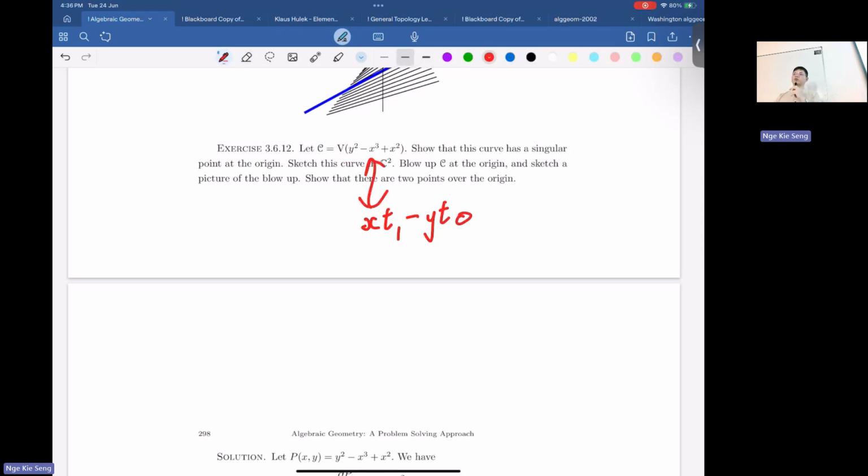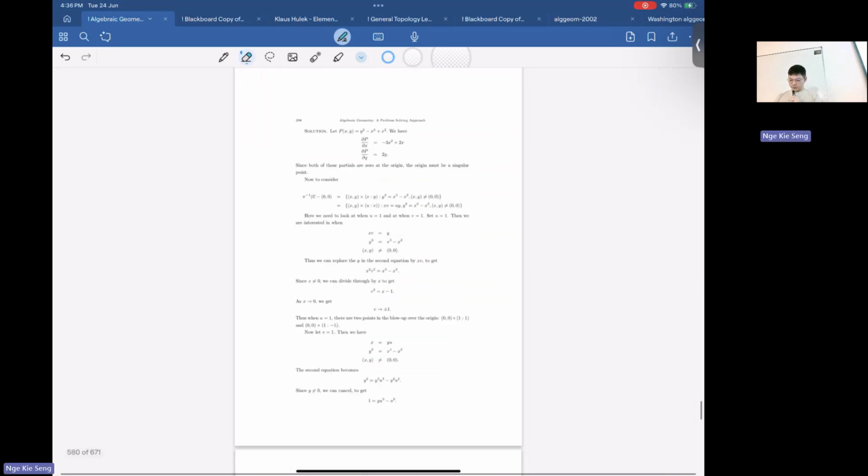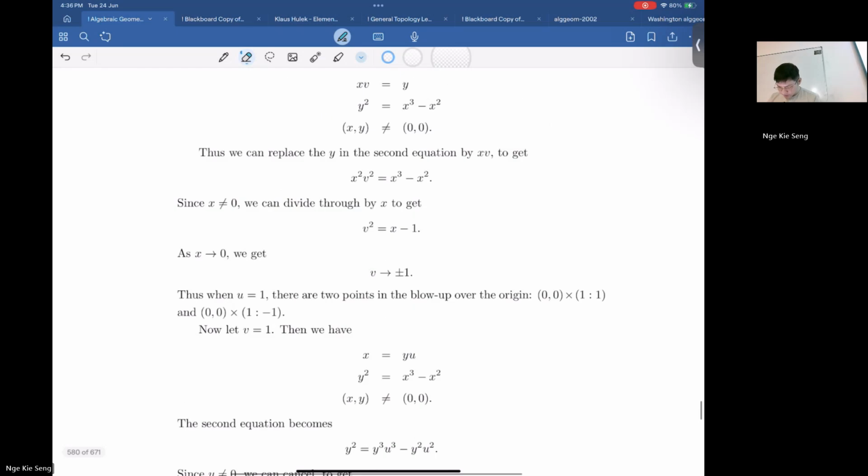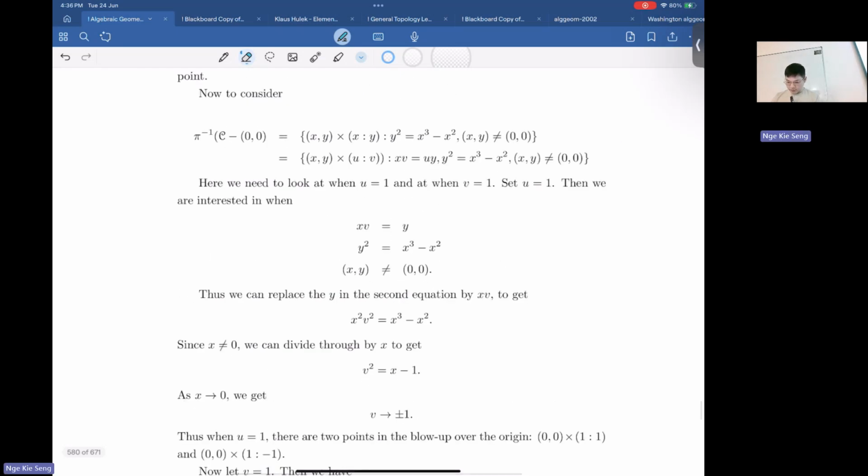You need to combine these two, and then see that actually there are two preimages at 0. You need to do the calculation. So you see, they are putting this point and this blow up equation together.